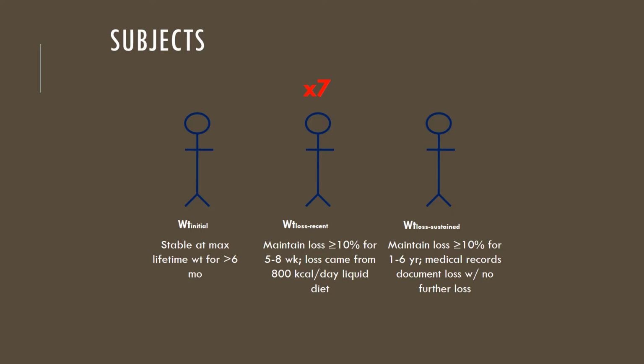So they're just consuming liquid, only 800 calories per day. Obviously they're going to lose weight, but they've maintained that weight loss for 5 to 8 weeks. And then they studied another group who had lost at least 10% of their body weight, but they'd maintained it for 1 to 6 years. So they want to compare these 3 groups to see what's going on with the metabolic rate.